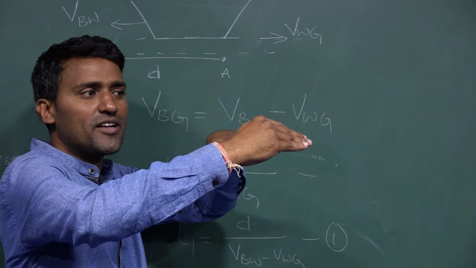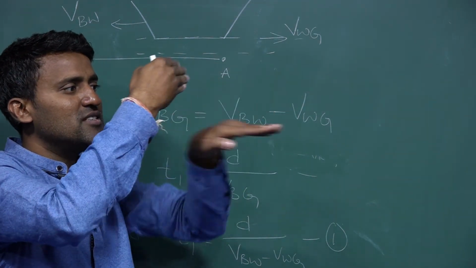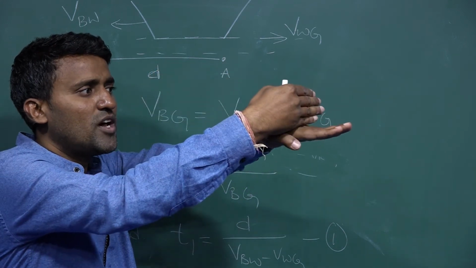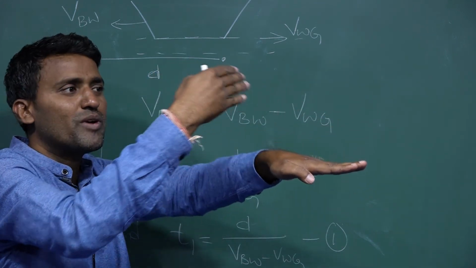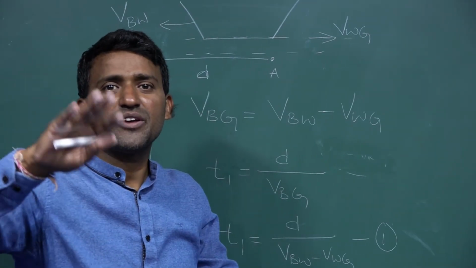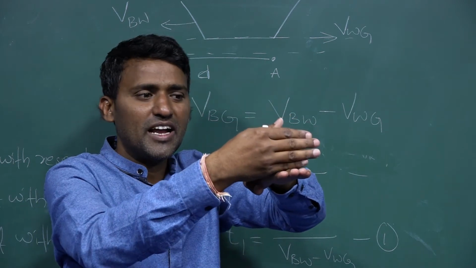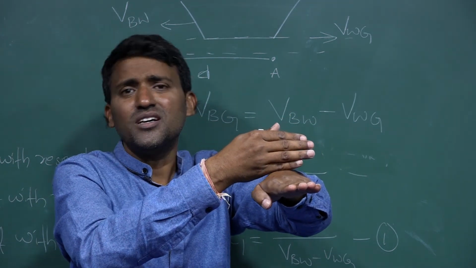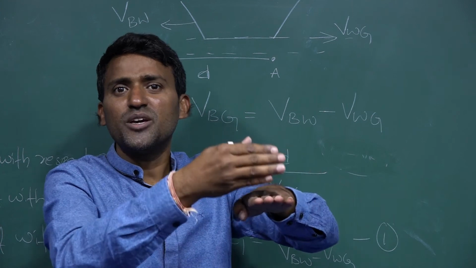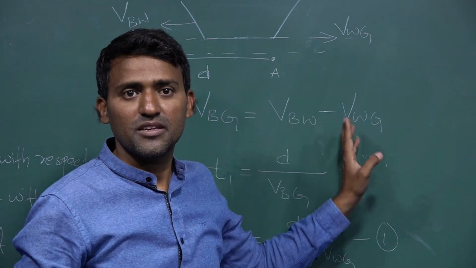Here this is water, this hand is the boat. If the boat is going like this and the water is going like this, in opposite directions, then only if the velocity of the boat is greater than the velocity of the water can it row in the water, isn't it? It can move in the forward direction. So that's why I have written this equation.